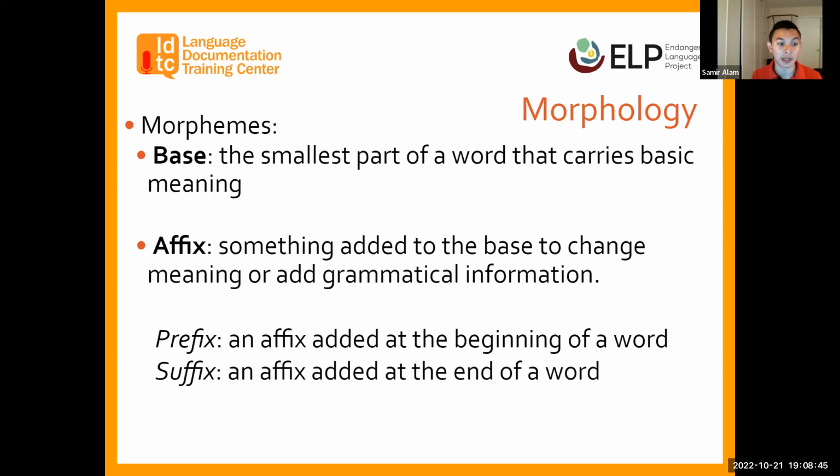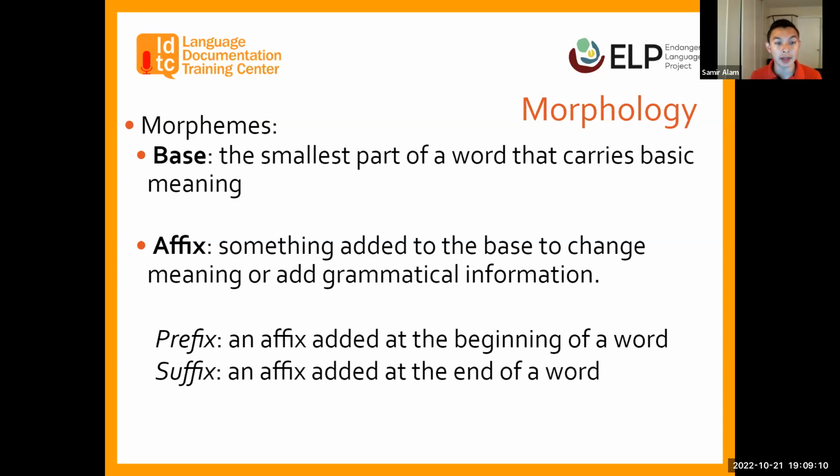And just to cover all our bases, a morpheme is a small unit of sound that has some sort of meaning attached to it. To illustrate that, we're going to be talking about different types of morphemes, different parts of words that can have meaning attached to them.